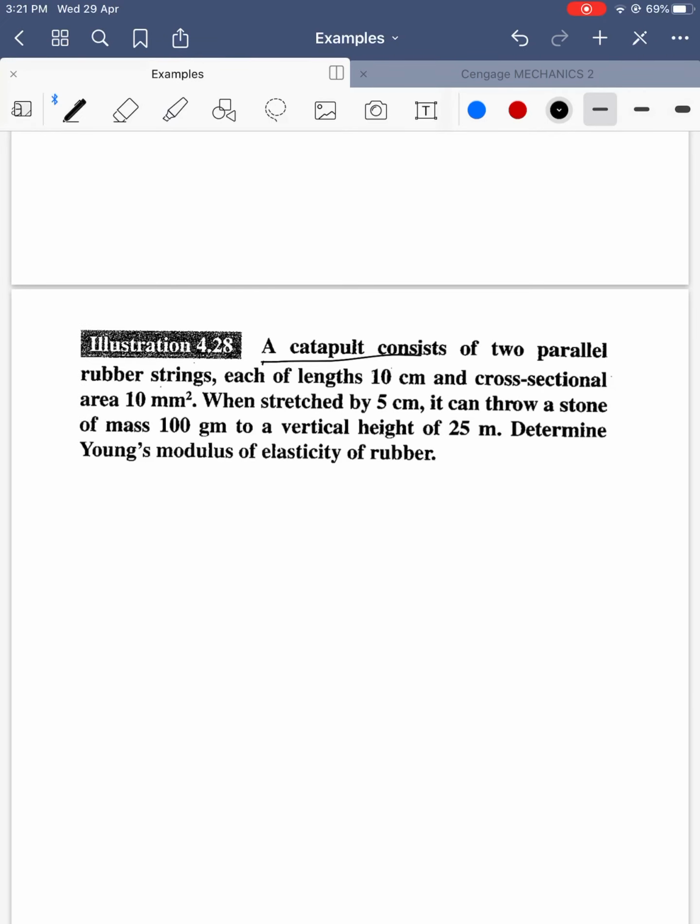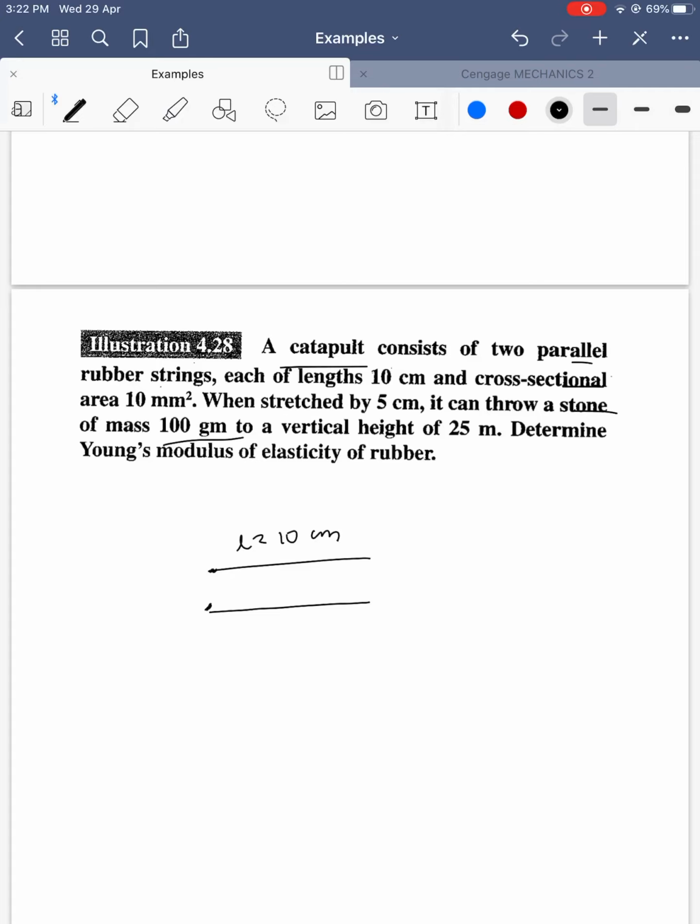A catapult consists of two parallel rubber strings, each of length 10 cm, and the cross section area is given. When stretched by 5 cm, it can throw a stone of mass 100 grams vertically to a height of 25 meter. Determine the Young's modulus of the rubber. Okay, read the question again. There is a catapult with two rubbers, each of length L 10 cm, and it can throw a 100 gram stone vertically to a height of 25 meter.